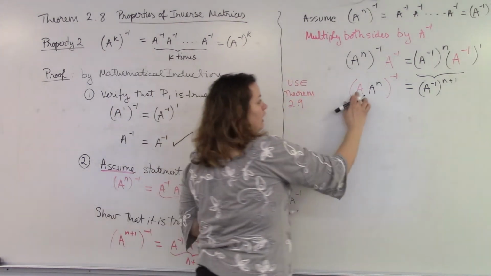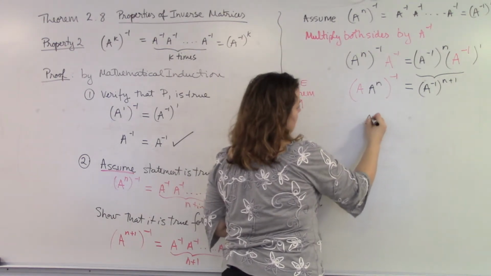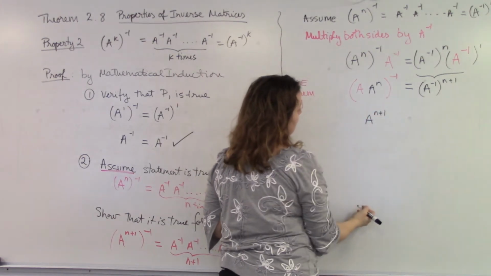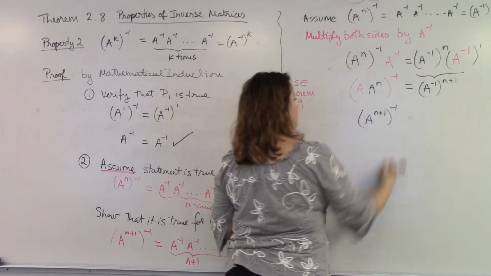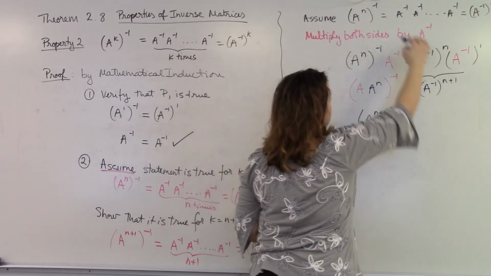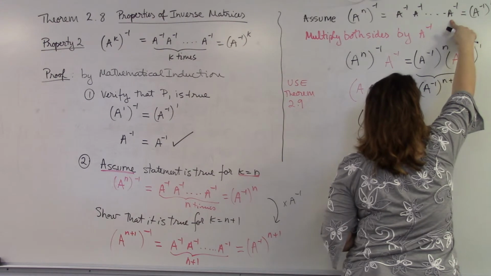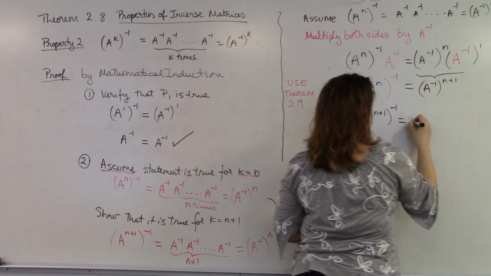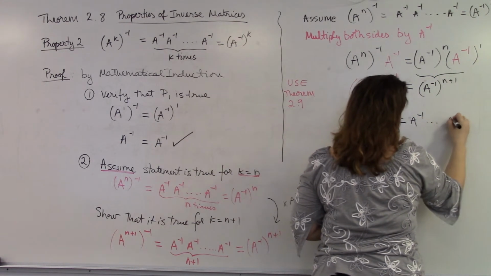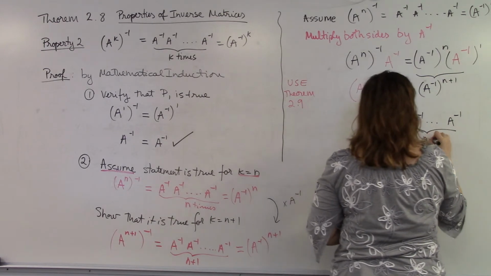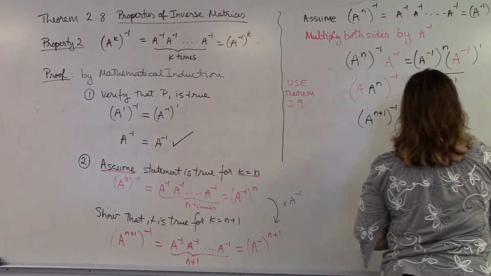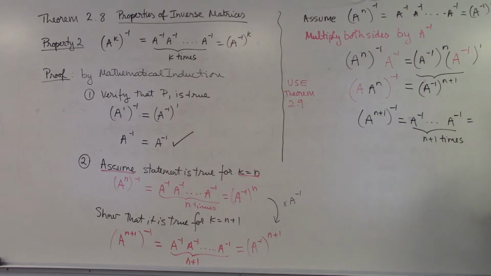A times A to the n is A to the n plus 1 inverse, which is equal to, if you multiply n A inverses by another A inverse, A inverse n plus 1 times, n plus 1 factors, same thing. And we showed that on the right-hand side, this is equal to A inverse to the power n plus 1.